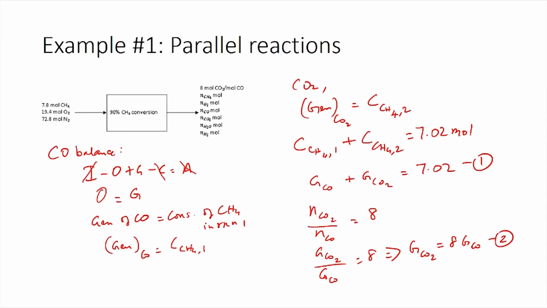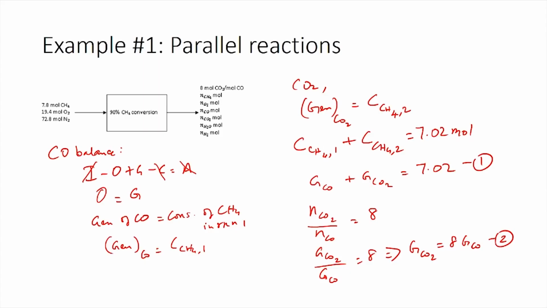Now that we have two equations and two unknowns, we can solve for the number of moles of carbon dioxide and carbon monoxide that is generated, which will also be equal to the number of moles of carbon monoxide and carbon dioxide that is actually leaving the system.